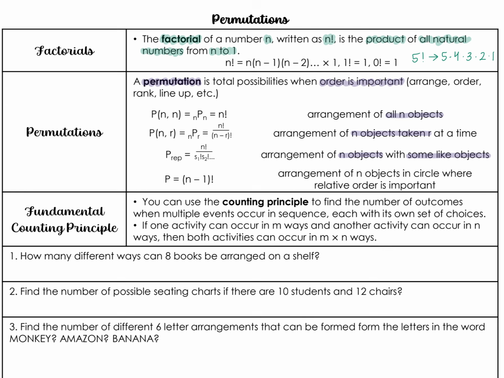And lastly, we have the arrangement of n objects in a circle where relative order is important. To solve for that, you would do (n minus 1) factorial, because of circular rotation. For example, let's say I have a circle of A, B, C. If I rearrange by just shifting them downward, have I actually changed my outcome?